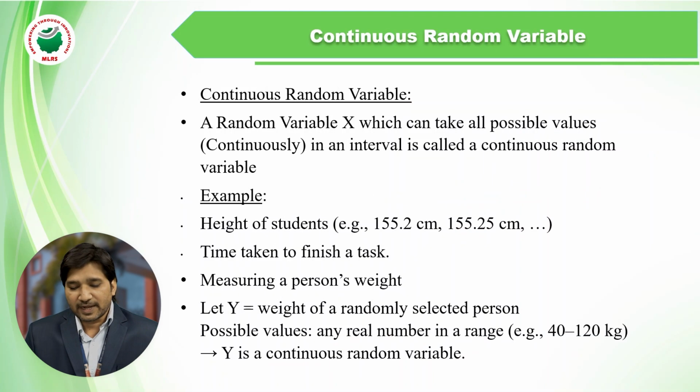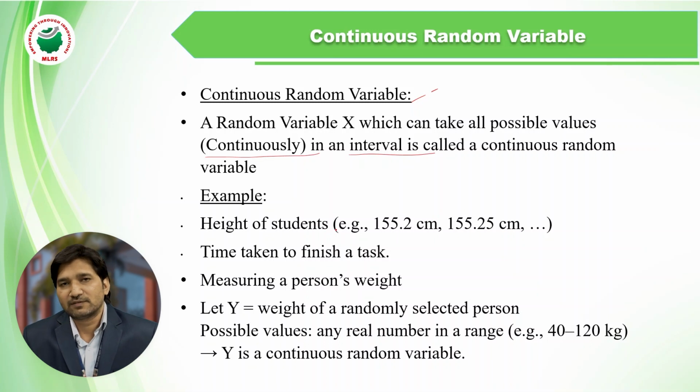Next, the continuous random variable. A continuous random variable has infinite values in the interval. A random variable X which can take all possible values in an interval is called a continuous random variable. There are infinite values between the interval, that is, continuously. Example: the height of students.